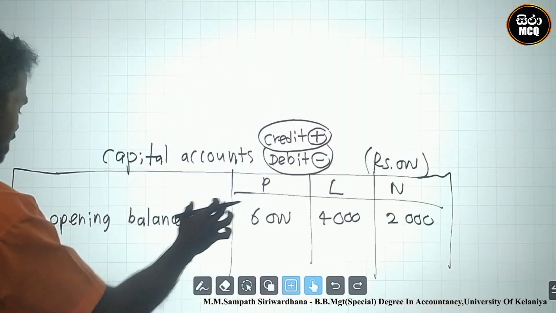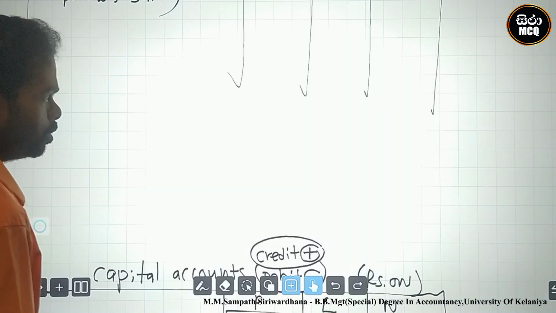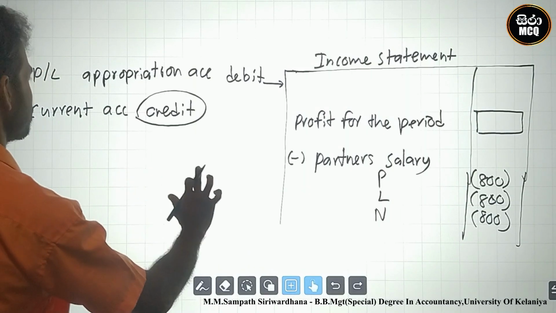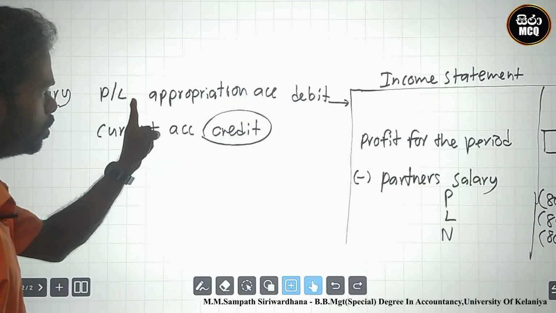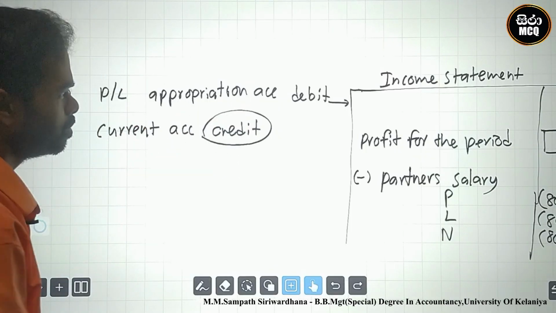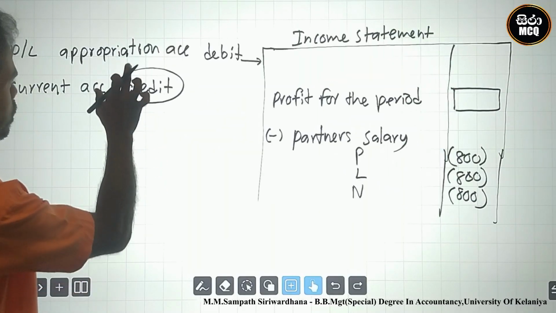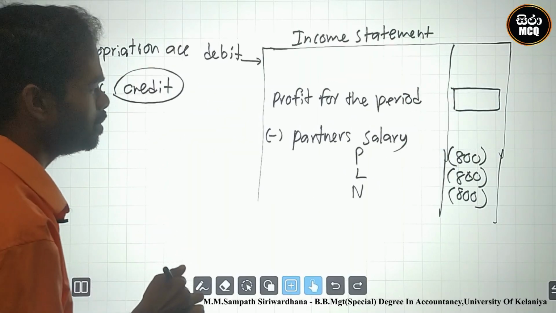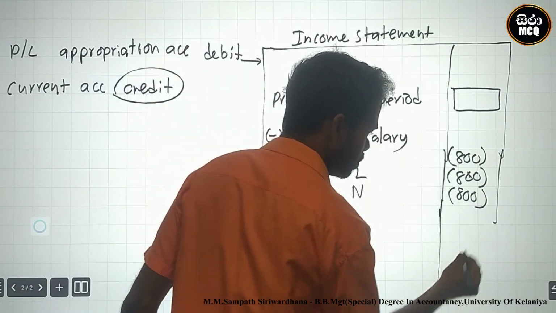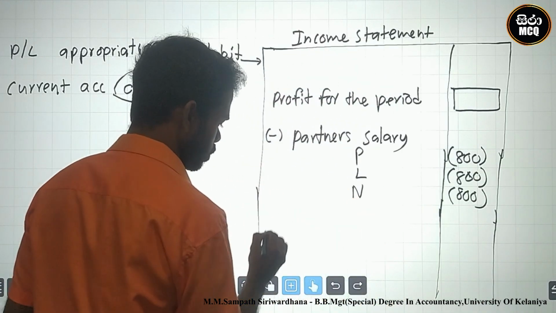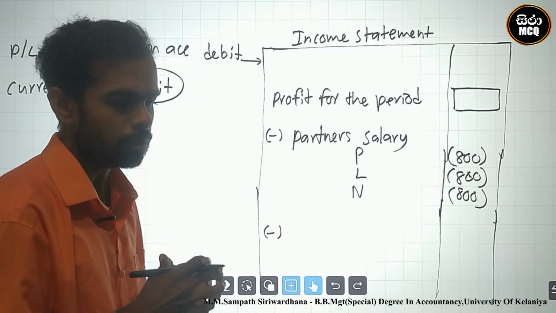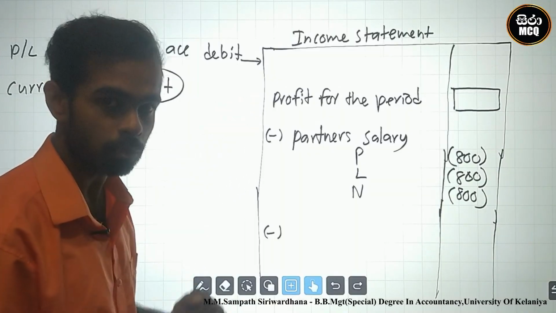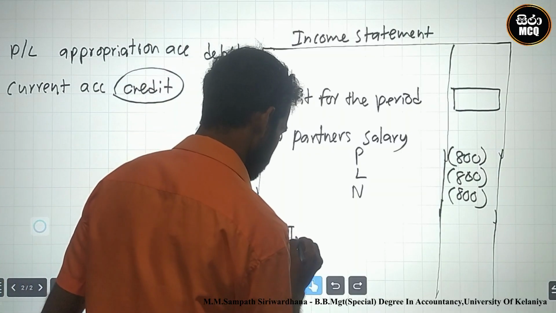Okay, let's see what the double entry is. The double entry is the same for this one. Current account credit, profit or loss appropriation account debit. Firstly, I write profit or loss appropriation account debit, which means you must deduct interest on capital from the profit for the period.